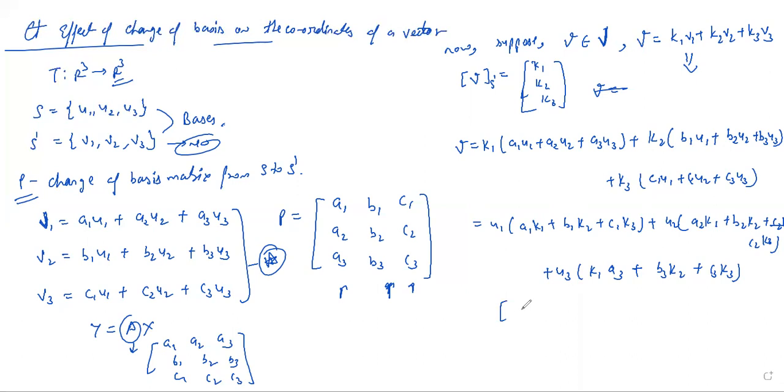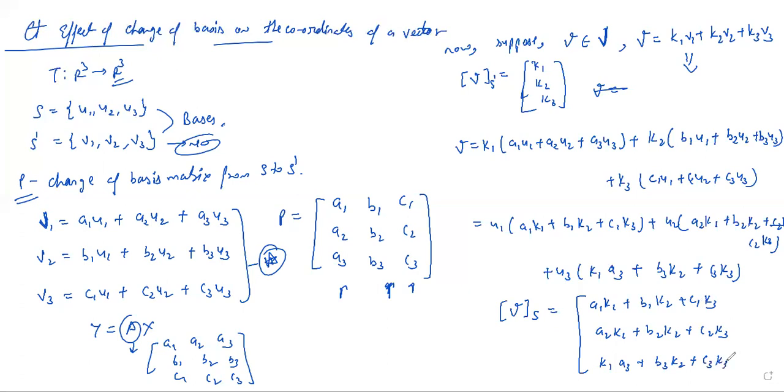The coordinates of this vector V with respect to basis S that we got here are A1 K1 plus B1 K2 plus C1 K3, A2 K1 plus B2 K2 plus C2 K3, and the third is A3 K1 plus B3 K2 plus C3 K3. So from here you can see that the same vector V belongs to this vector space V.